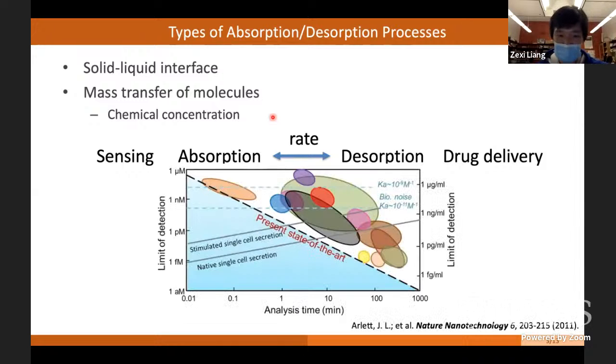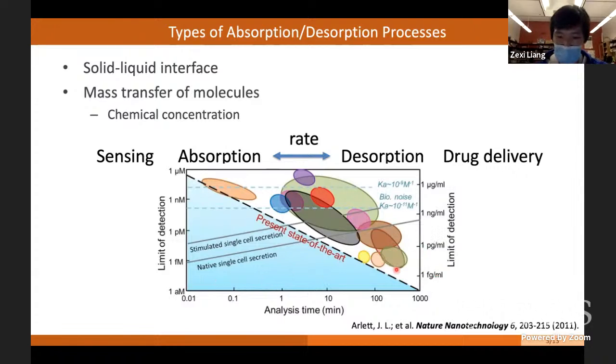And in particular, for the detection of extremely low concentration samples, there's a dilemma that as your sample concentration decreases, the detection time will increase dramatically. Here it shows that when the concentration decreases, the analysis time will increase.